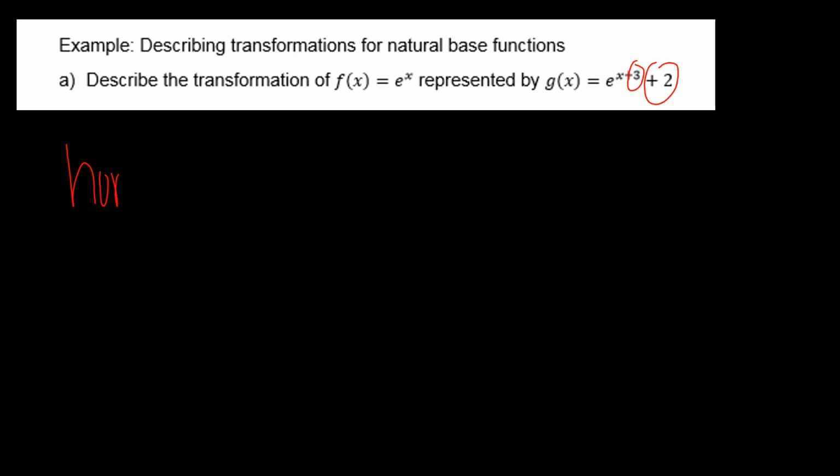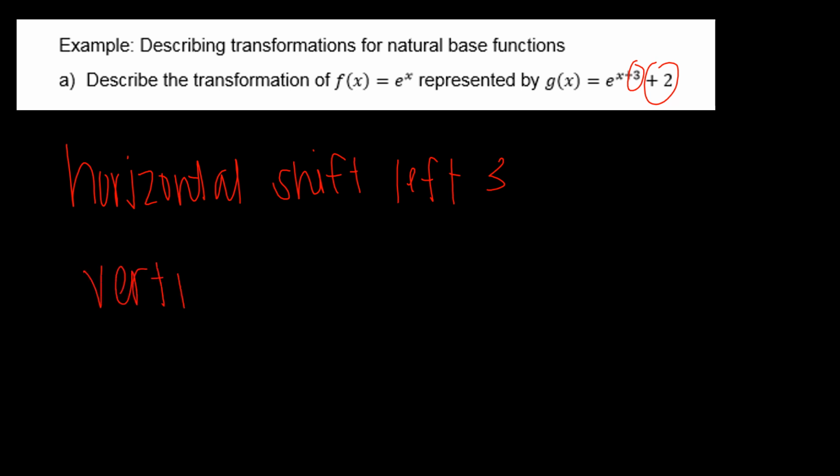That's your horizontal shift. And then plus would be to the left, 3. And then your plus 2 is on the outside, so I know that's a vertical shift. And plus tells me it is going up.